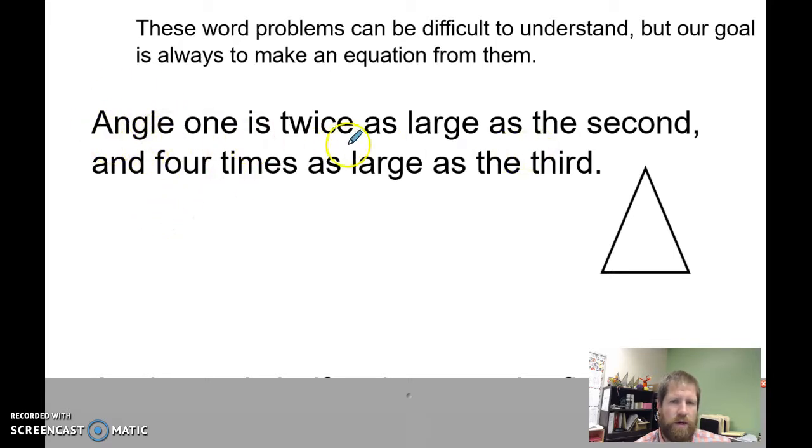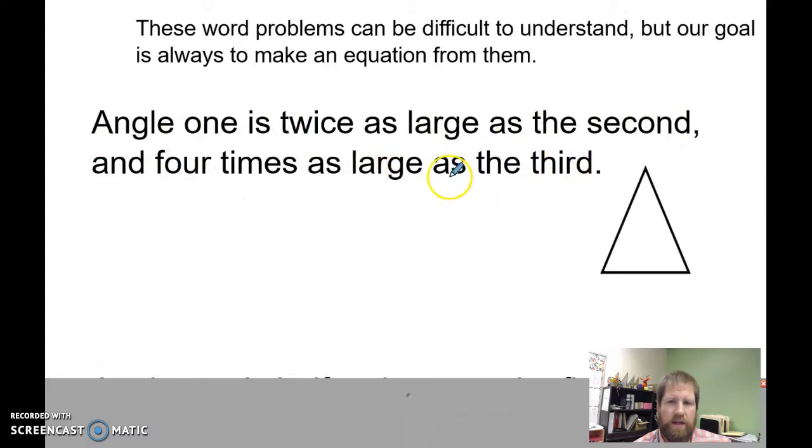Angle 1 is twice as large as the second, so angle 1 is twice as large as angle 2, and 4 times as large as angle 3.